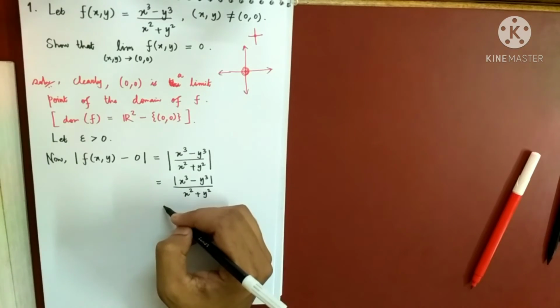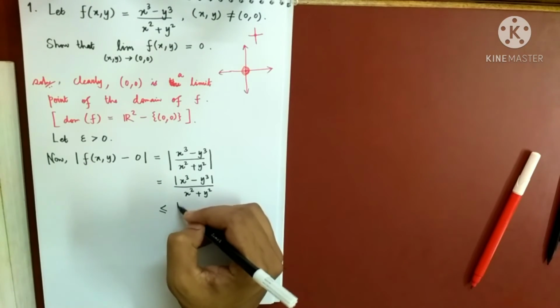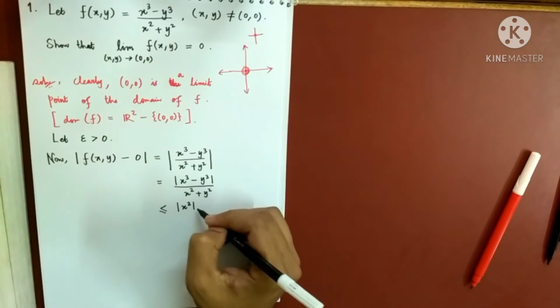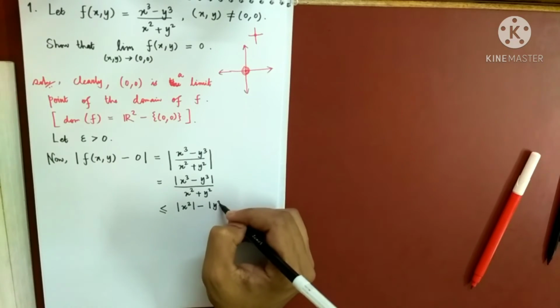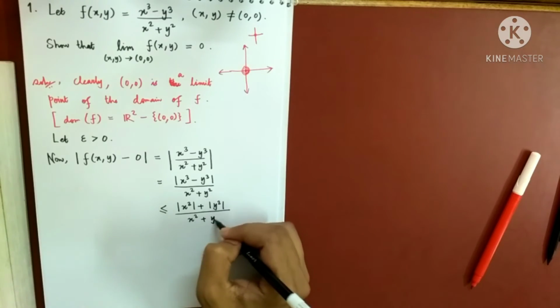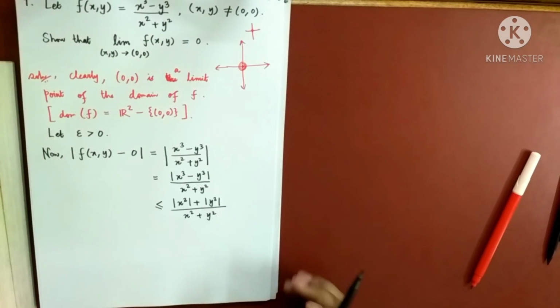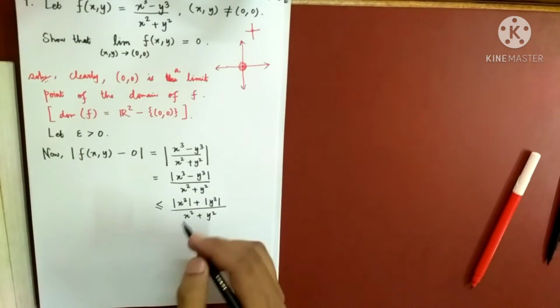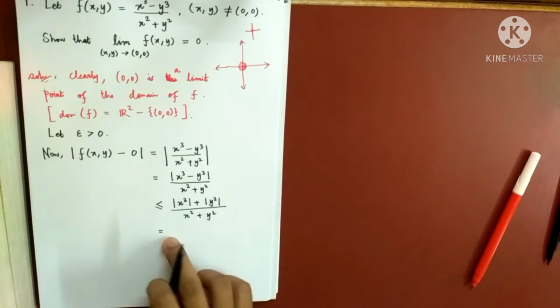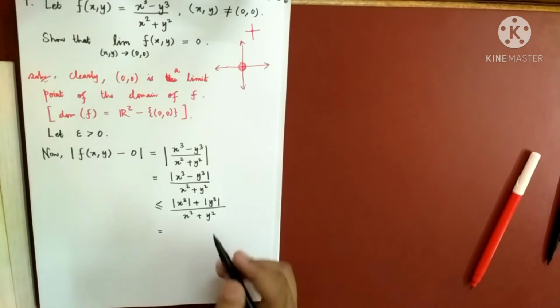Next, use the triangle inequality. Modulus of a minus b is lesser or equals to modulus of a plus modulus of b. And this is exactly same as writing, this line is not lesser, but this is exactly equal. Don't forget that. So what is this?